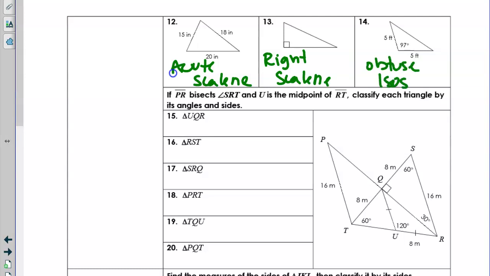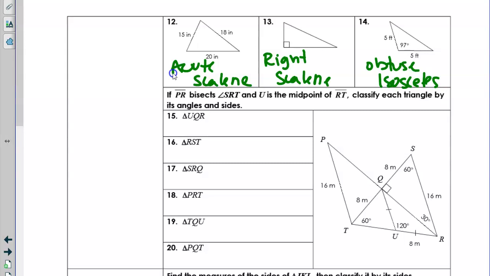Very good. How did we get isosceles? Can somebody explain that? Trent? Would it be because of the 5? Yeah, they both are 5 feet. They're marking them as 5 feet, so they have to be congruent. And there's no way that the other side looks like 5 feet, and it would be written if it was to help you classify it.